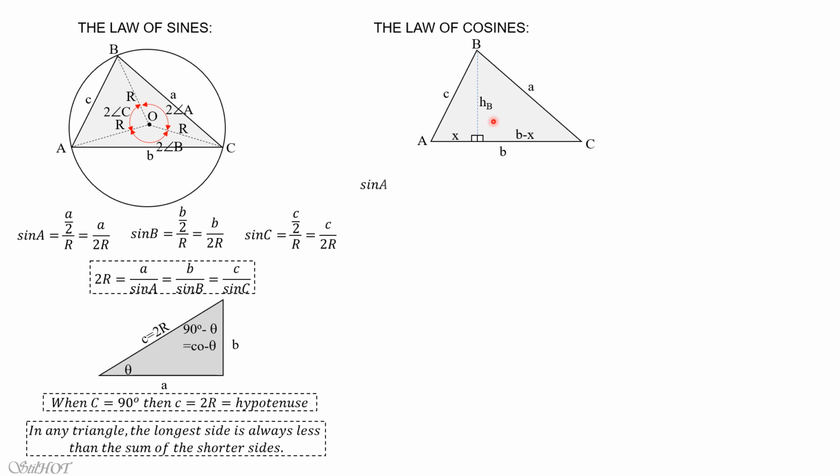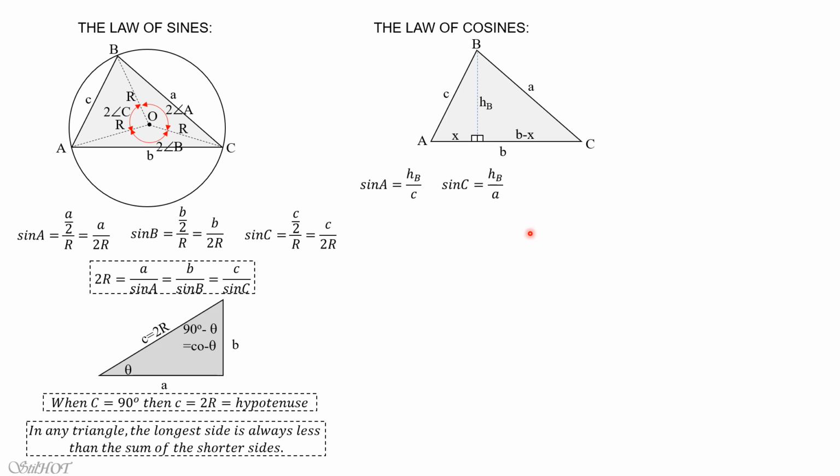Then we have sine of angle A equal to the opposite, h sub B, over c. Sine angle C is equal to the opposite, h sub B, over the hypotenuse of the right portion of this triangle, which is a.